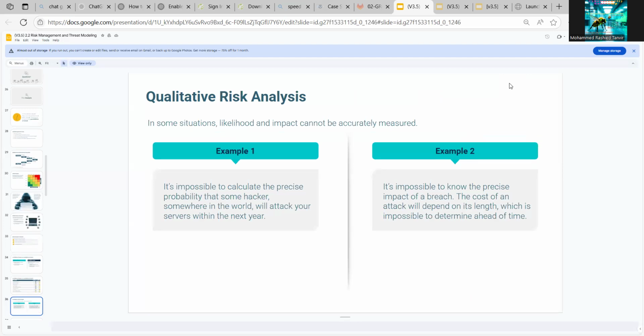Qualitative risk analysis example. Example number one, it's impossible to calculate a precise probability that some malicious actor somewhere in the world will attack your server within the next year.